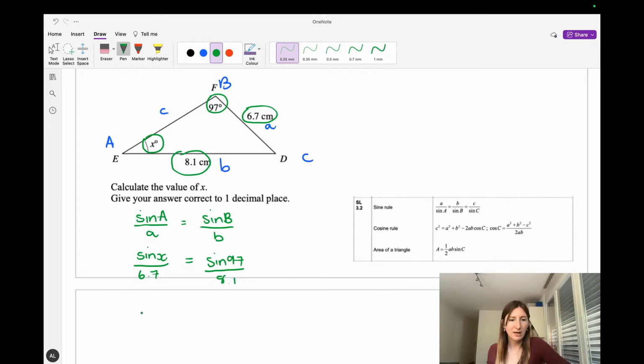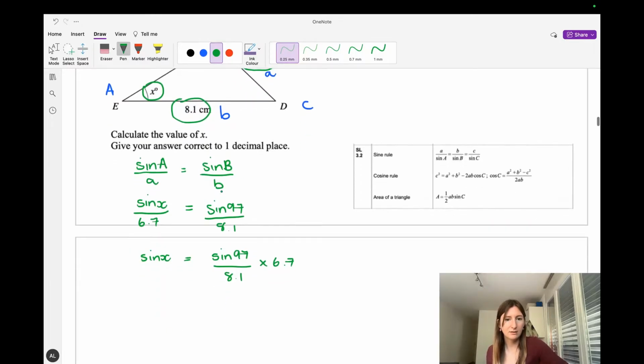I can take my 6.7 and multiply it on the other side to leave sine X on its own, 97 over 8.1 times 6.7. And to get that X on its own, I'm going to have to sine minus 1 of sine 97 over 8.1 times 6.7. And let's put that all on my calculator.